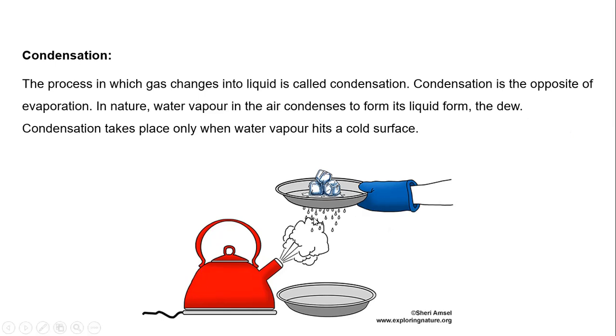When condensation takes place, and this vapor comes on a cool surface, generally this vapor changes into water. So here you can see the vapor, when it comes in contact with the cool plate, all the vapor, which means it was in gaseous state earlier, changes into liquid state. So this is how condensation takes place.